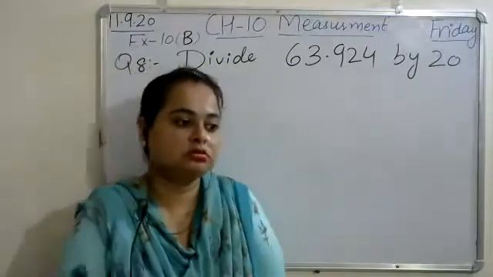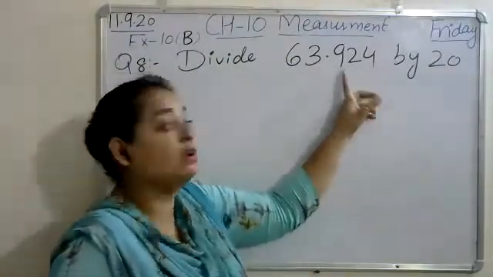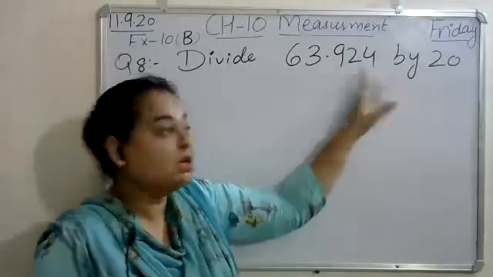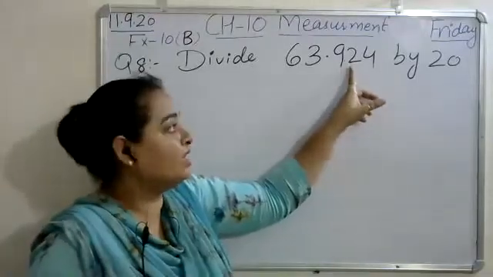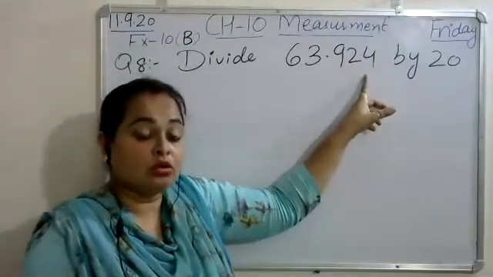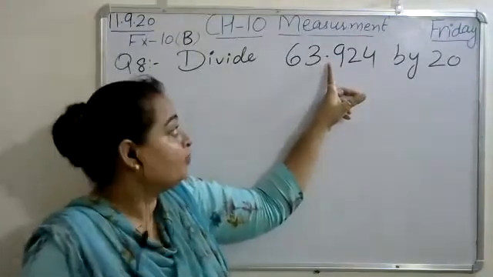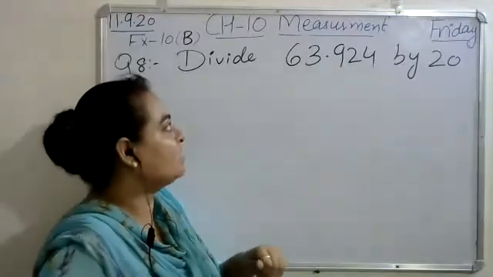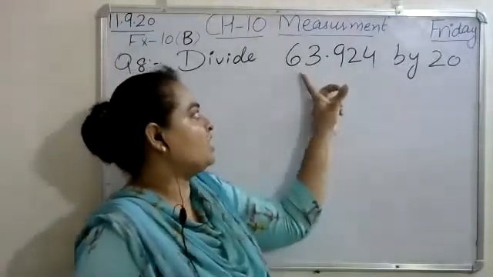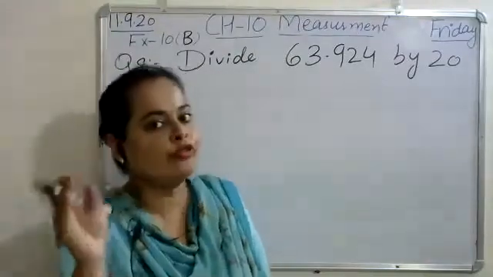Now look, son, if you say 63.924 as 'decimal 924', then this will be wrong. After the decimal you will not write 924. You will say this is 63.924.